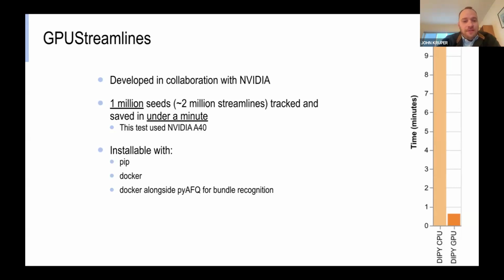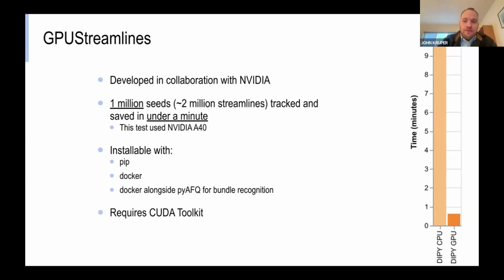With GPU Streamlines, we tried to make it as convenient to install as possible. If you already have access to an NVIDIA GPU and you have the CUDA toolkit, or on your server you have access to a GPU, you can install GPU Streamlines using pip or Docker. Or if you are familiar with pyAFQ and want to do bundle recognition, you can install it alongside that.